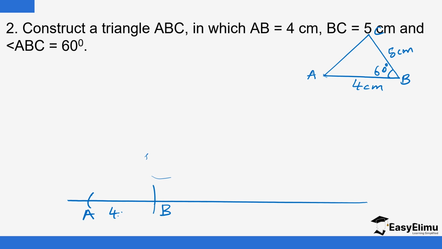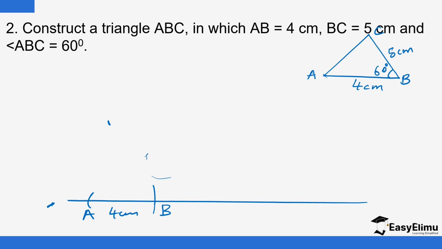So this is 4 centimeters, and then you need to measure the angle 60 degrees from that point B. So 60 degrees. So the zero mark should be here because we are measuring now that angle in the clockwise direction. So 60 degrees should be somewhere there.